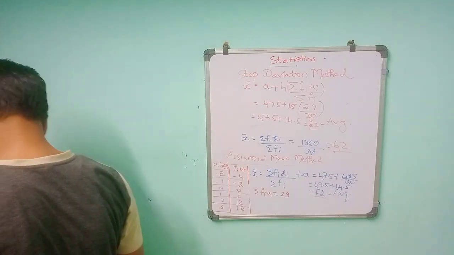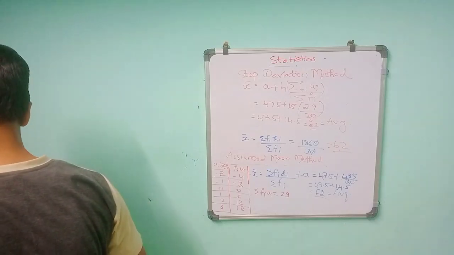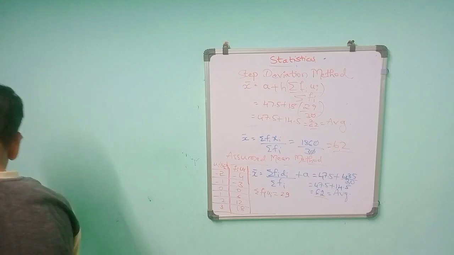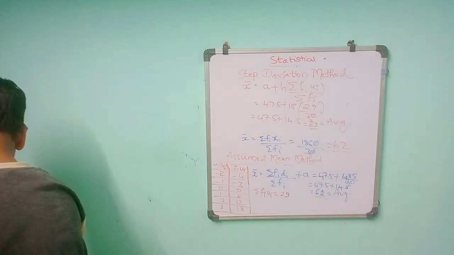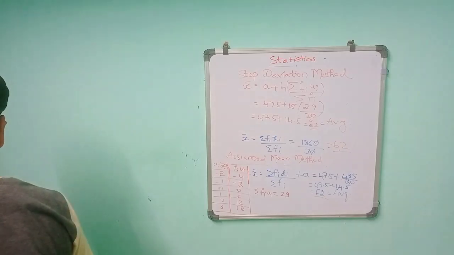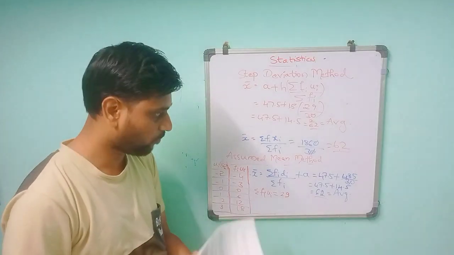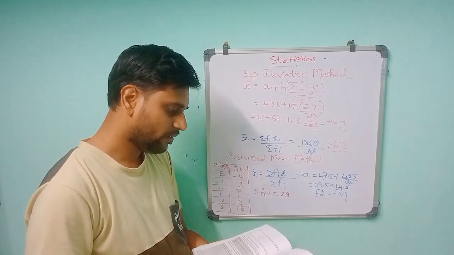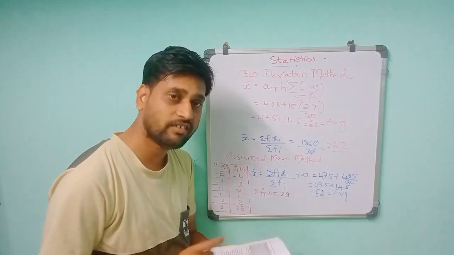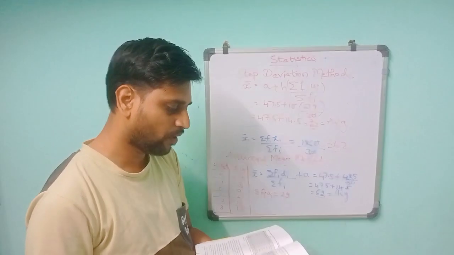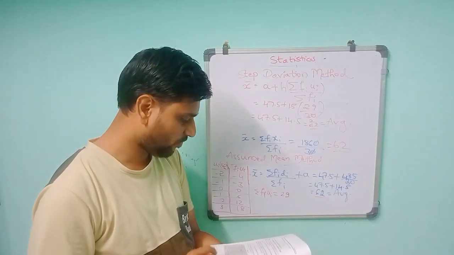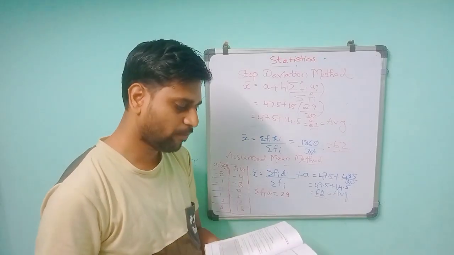So these are the three methods. If you refer to example 1, table 13.3 is the direct mean method, then 13.4 is the assumed mean method, then 13.5 is the step deviation method.